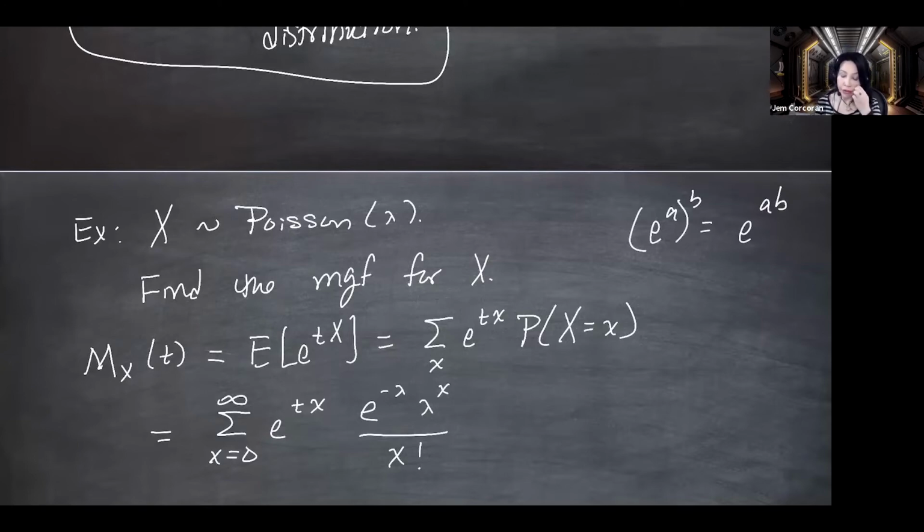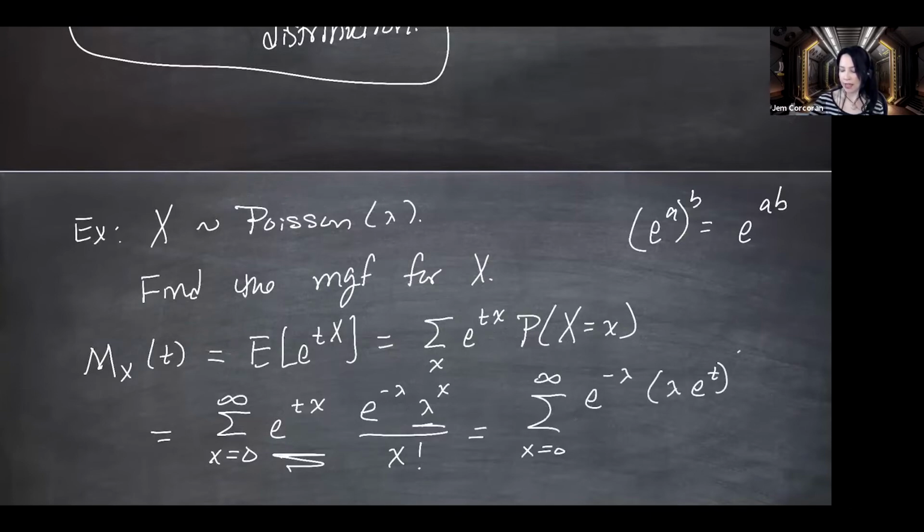And you can do that in reverse. So I'm going to rewrite the e to the tx as e to the t raised to the x, and then I'm going to combine it with the lambda to the x. So this is the sum from 0 to infinity of e to the minus lambda, and then lambda e to the t to the x over x factorial.